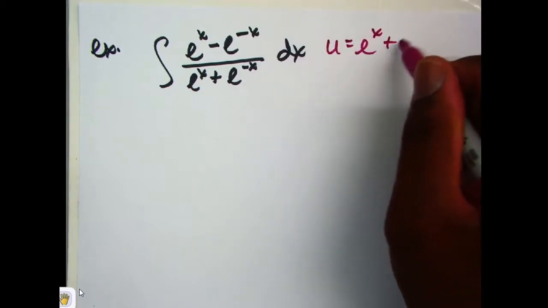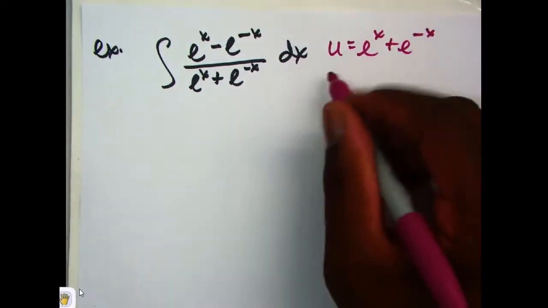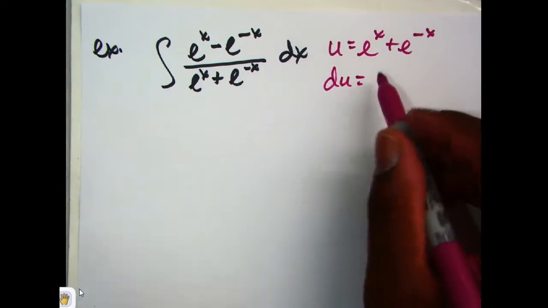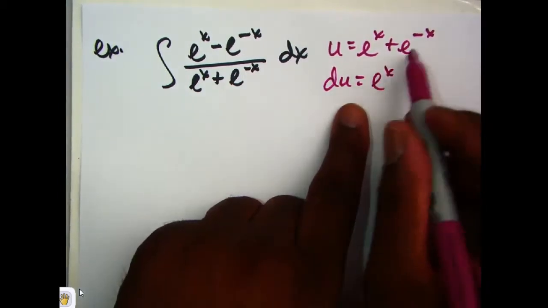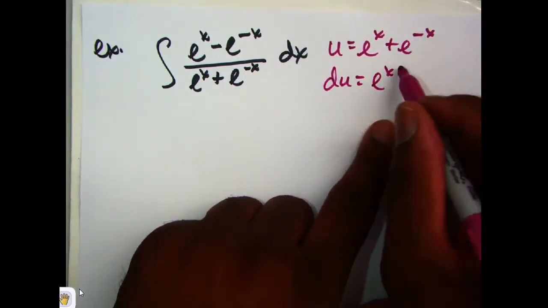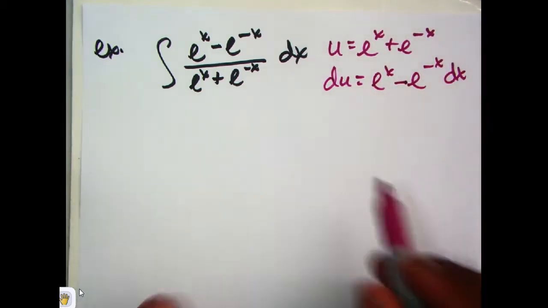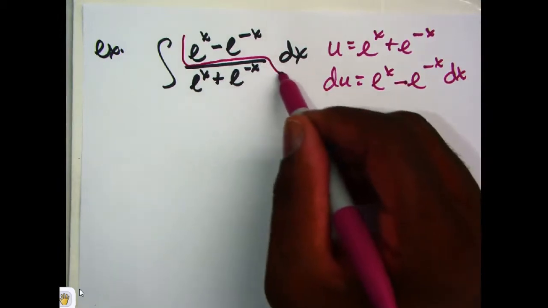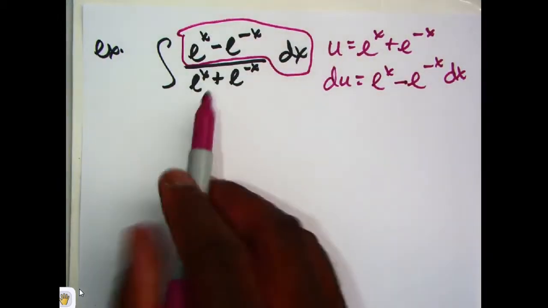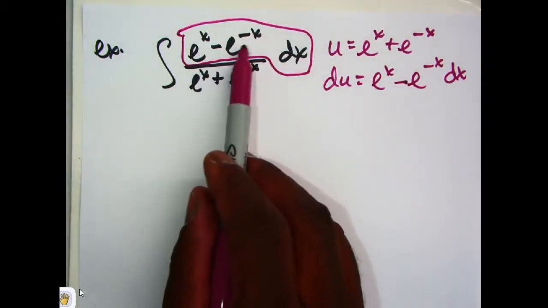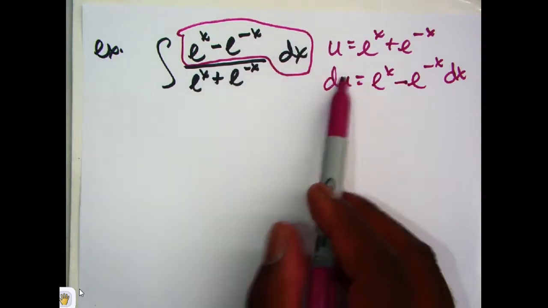e to the x plus e to the negative x. What's du? e to the x, and the derivative of e to the negative x is negative e to the negative x dx. So here is your du. du is equal to e to the x minus e to the negative x times dx.